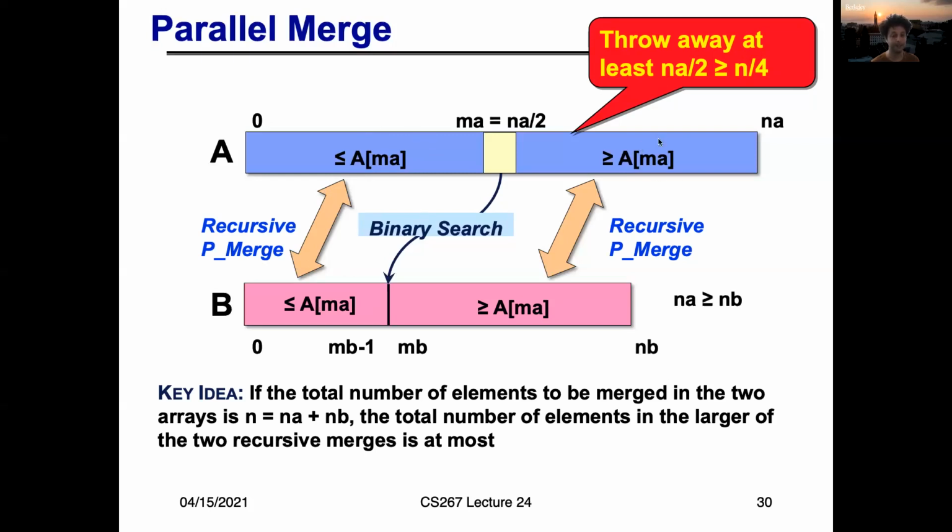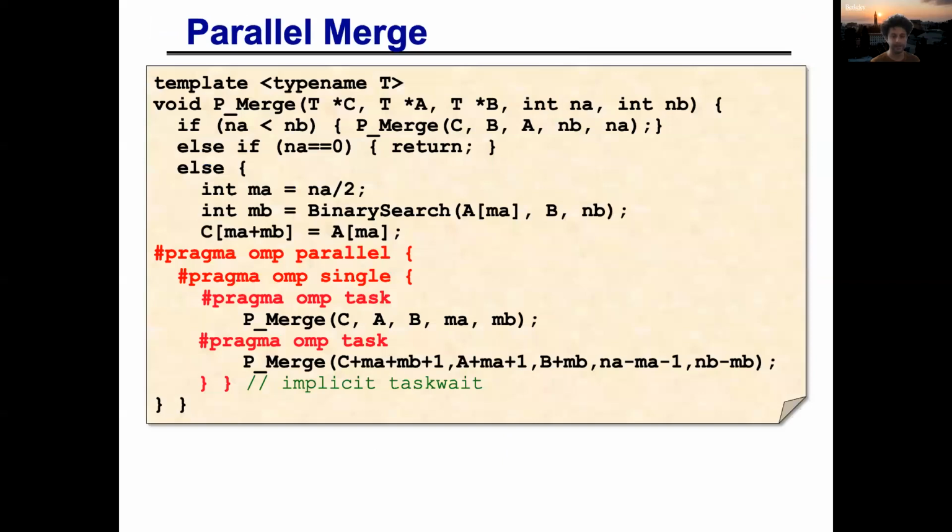And I'm not making an argument about what I'm discarding on B. It can be as bad as possible in B. This binary search might return the first entry in B, and that's totally fine. The bounds will still hold. Okay, so the recursive merges are operating on lists of at most size 3/4. And that's basically the code of what we described.